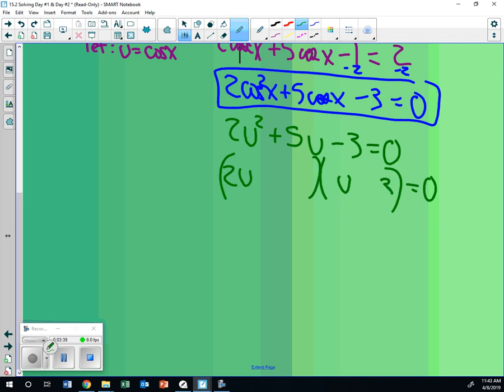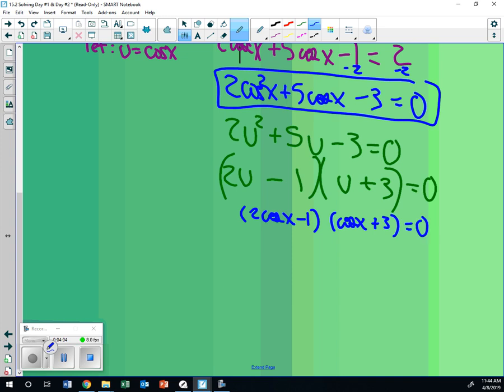Let's see. 3 here, 1 here. 2u times 3 is positive 6u, and if I go minus 1u, I'll get 5u. Perfect. And so what I have is 2 cosine x minus 1 and cosine x plus 3 equals 0.